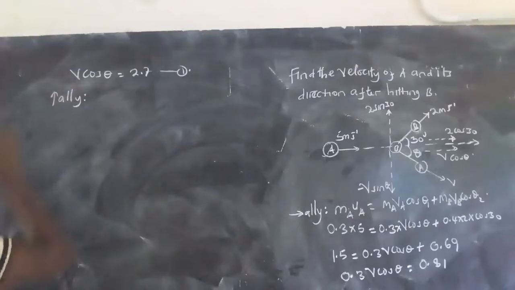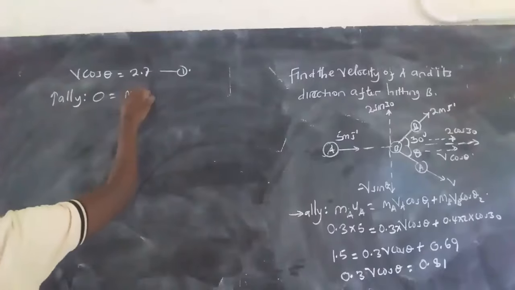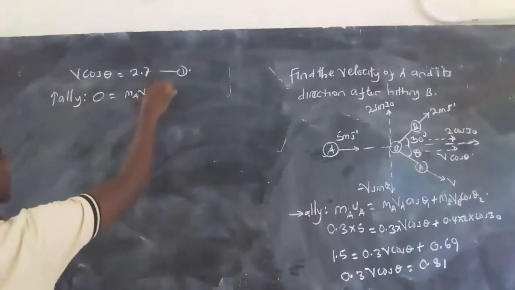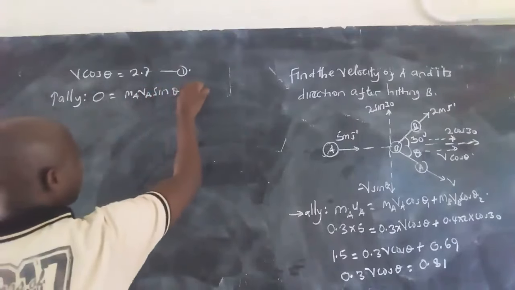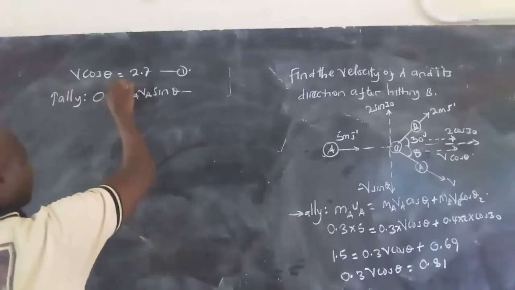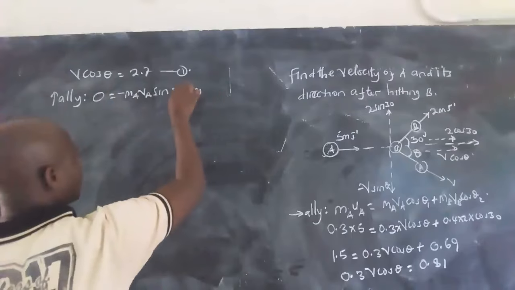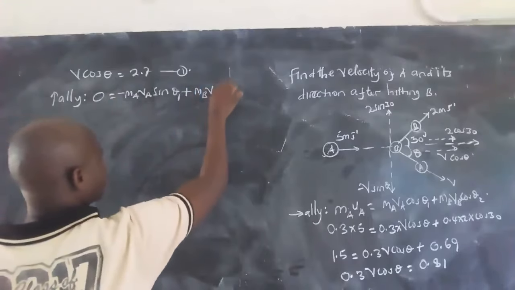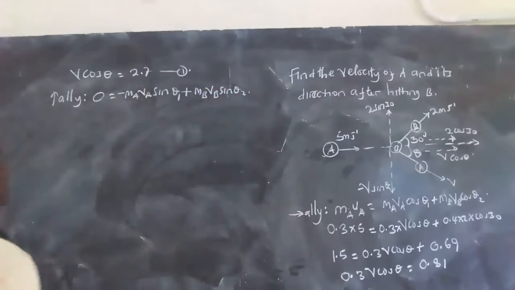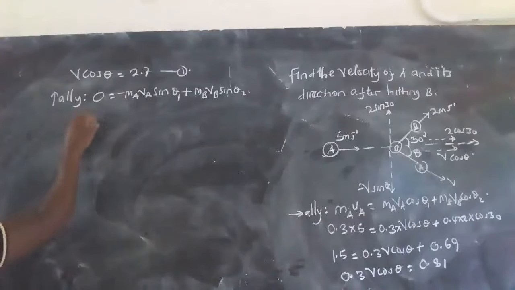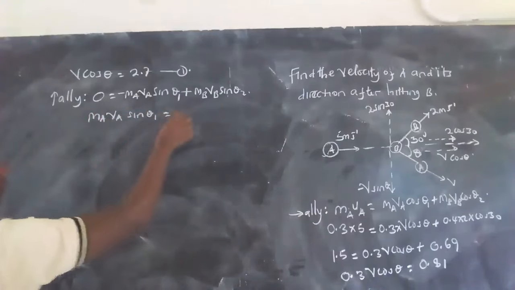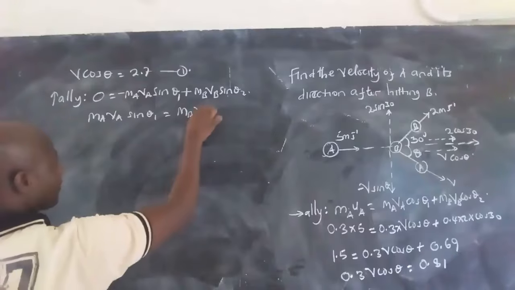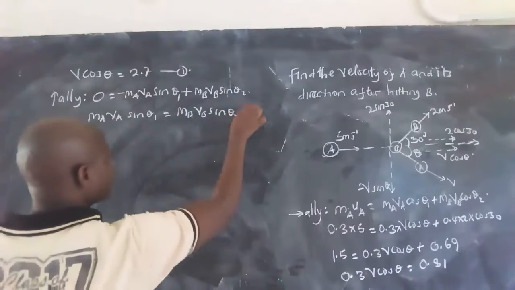Vertically, we say that 0 is equal to MA VA sine theta 1, so this is negative, plus MB VB sine theta 2. So MA VA sine theta 1 is equal to MB VB sine of the angle B makes with the horizontal.